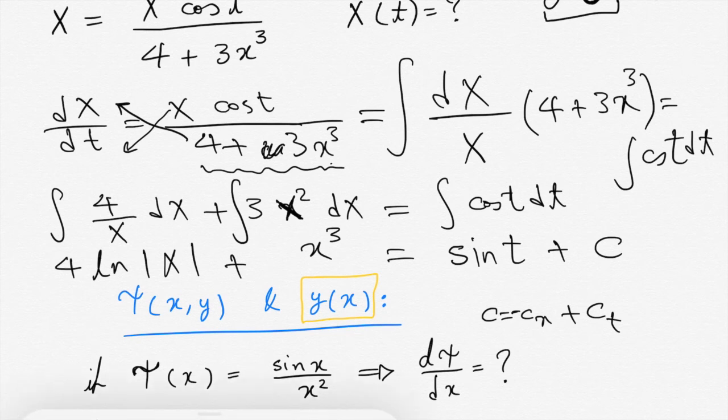And if you have some domain, for instance, if they tell you take it from 0 to 2π, then you can find the answer over here, right?